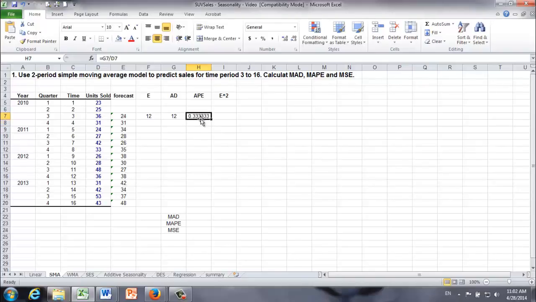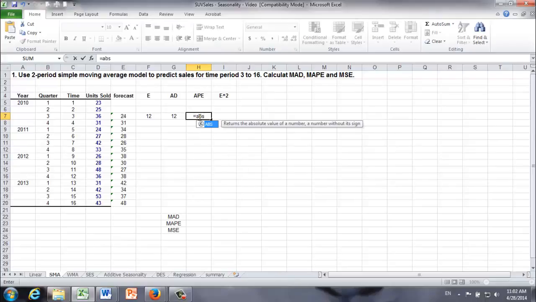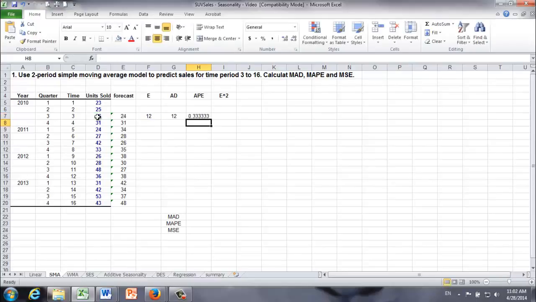In this case, we know what? The forecast error is about 1/3 of the actual sales. Another way to do that, APE is equal to the absolute value of forecast error divided by actual sales. Either way, we get 33.33%.